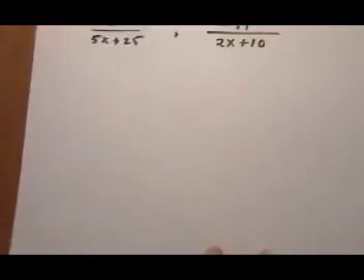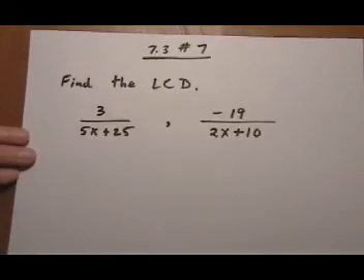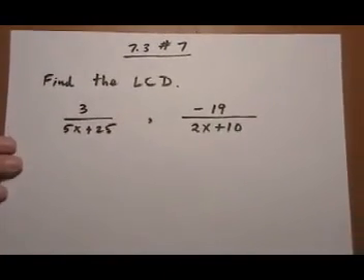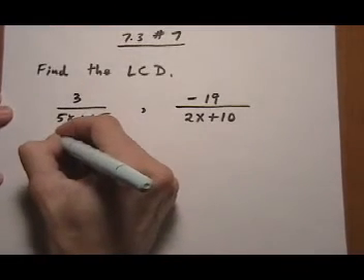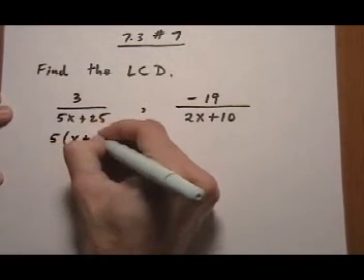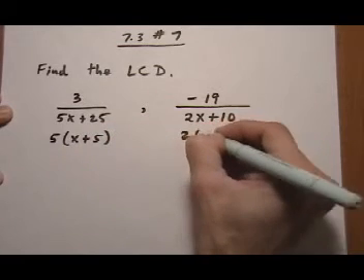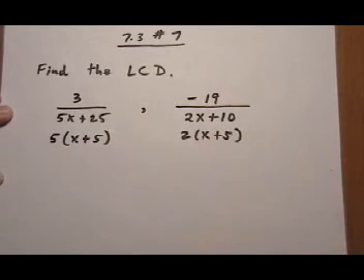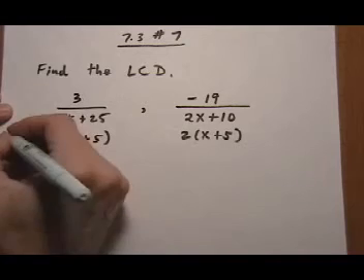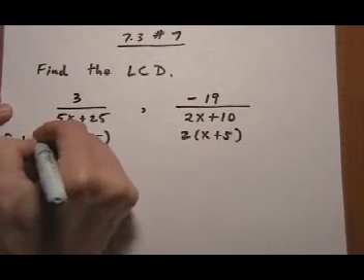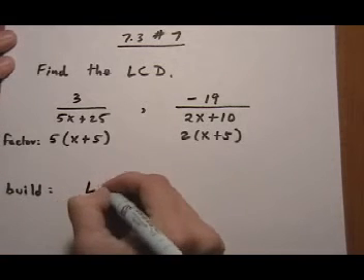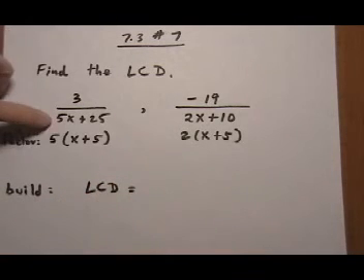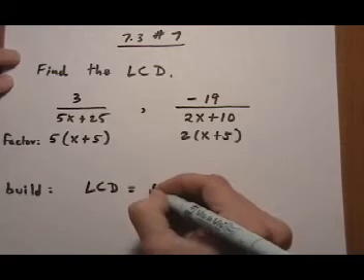And number 7, find the LCD again. First we're going to factor: 5 times x plus 5 and 2 times x plus 5. And then we're going to build. So factor. So our LCD will equal, take the entire first denominator, 5 times x plus 5.